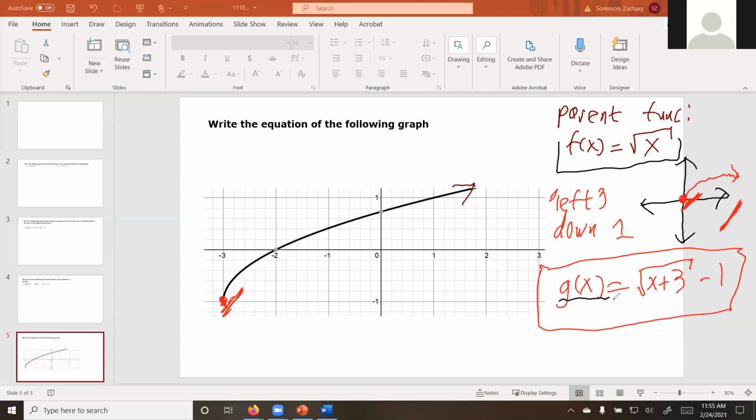I'm going to be careful and say I have this new transformed function. I'm going to call it G. You could call it H. You could call it R. Honestly, you could call it F and I would give you full points. But as far as strict mathematical notation, we can't write 2 different f of x's on the same problem. Good question.